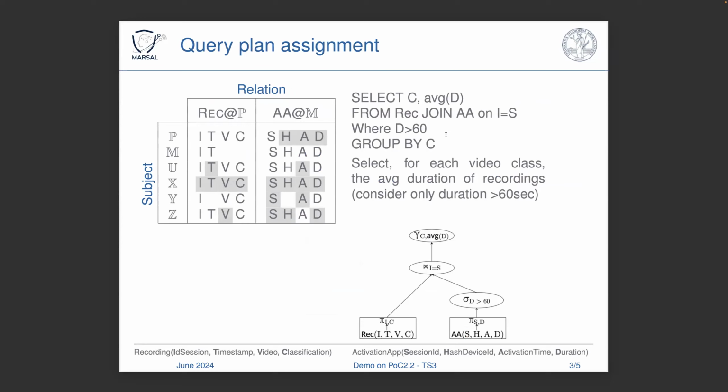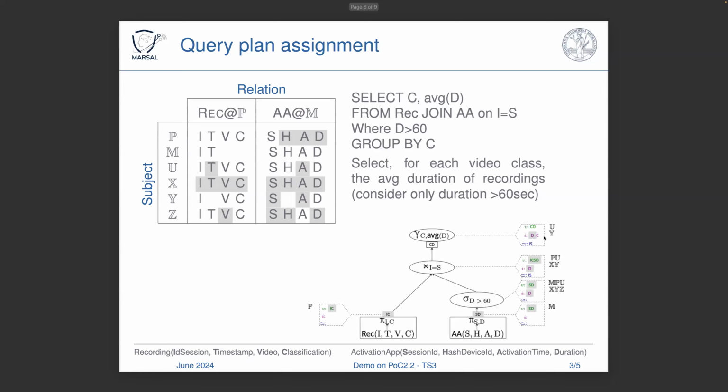Here is an example of a query that selects for each video class the average duration of recordings, considering only durations greater than 60 seconds. This slide first shows the query triplen, then the query triplen enriched with the relation profiles that represent the information content of each base relation and derived relation, that is, the relation resulting from the computation of an operation.